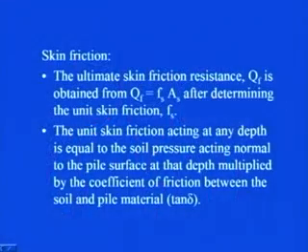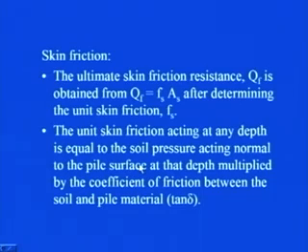Let us see that the unit skin friction acting at any depth is equal to the soil pressure acting normal to the pile surface at that depth multiplied by the coefficient of friction between the soil and the pile material. Let us try to see this once again. The unit skin friction acting at any depth is equal to the soil pressure acting normal to the pile surface.